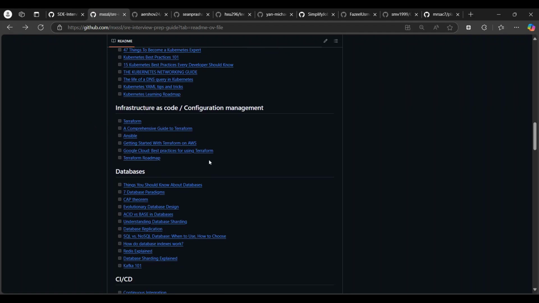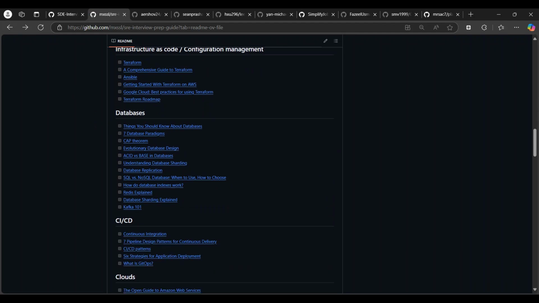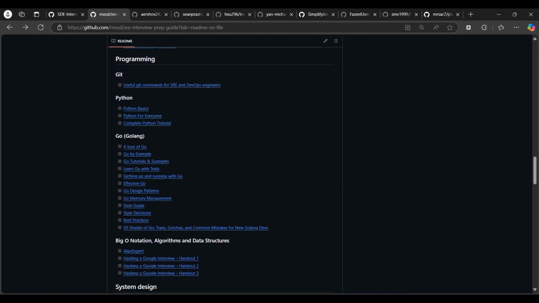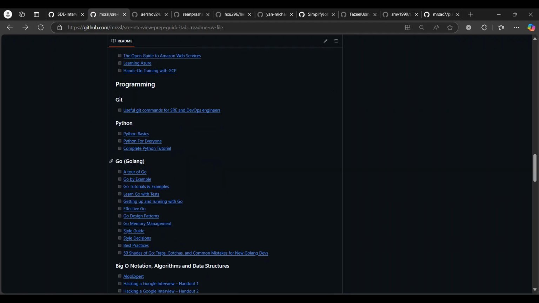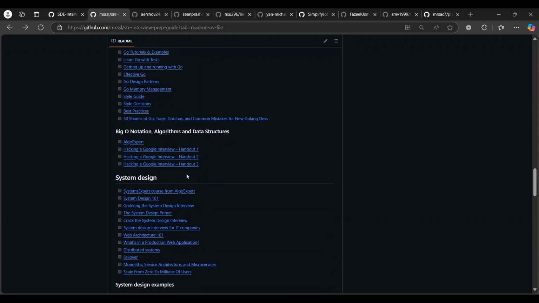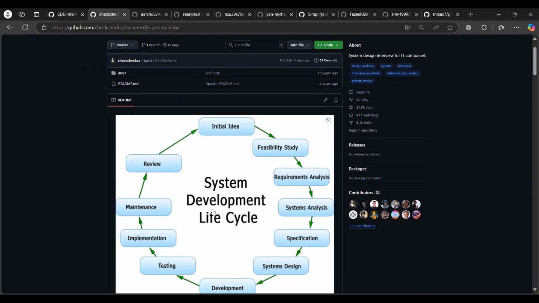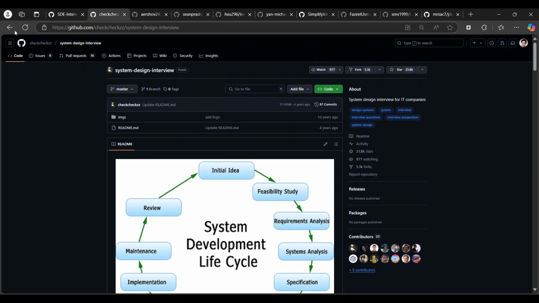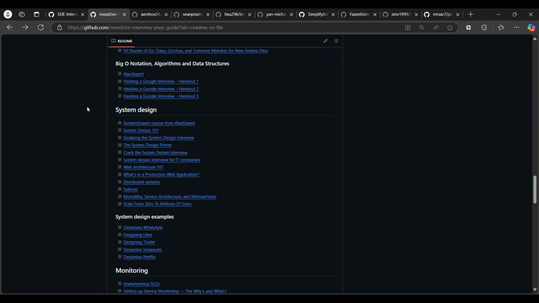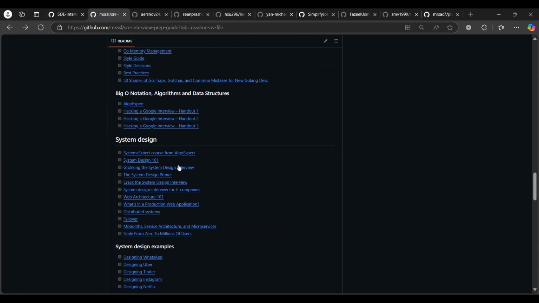Similarly, for other topics also, infrastructure as code, databases, CI/CD, clouds, then other languages, like in programming you should know Python, Go, and other systems. Then some system design. For system design also you can learn from here. And they have not only added articles, but also other resources.